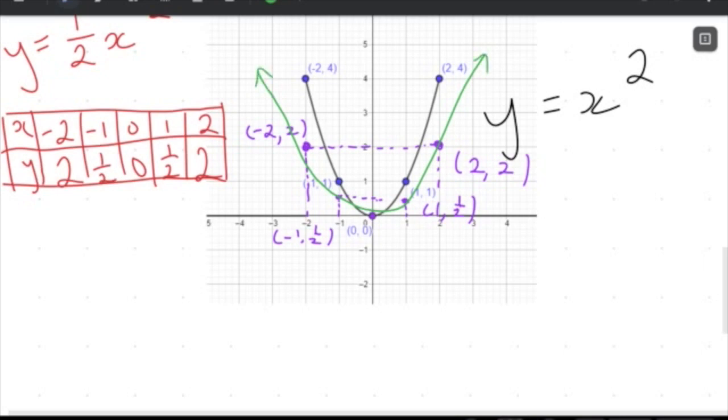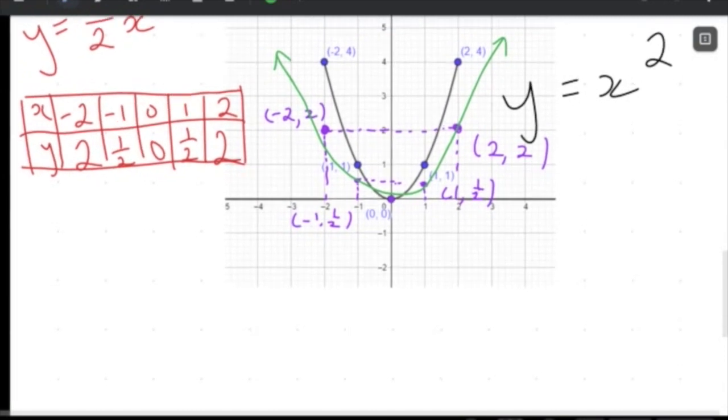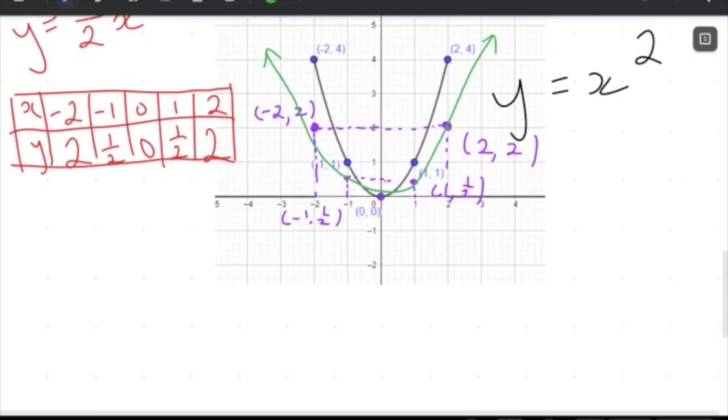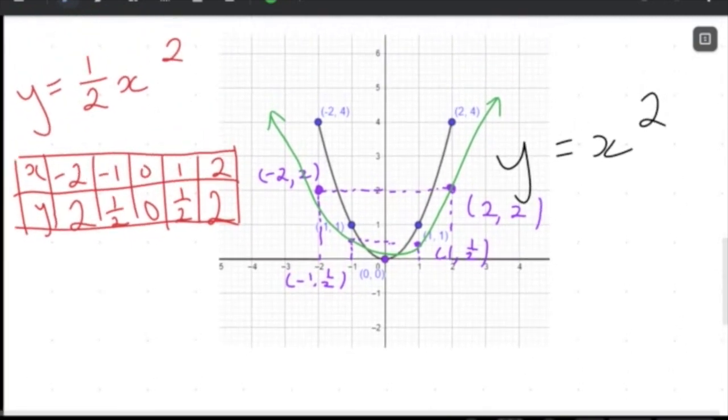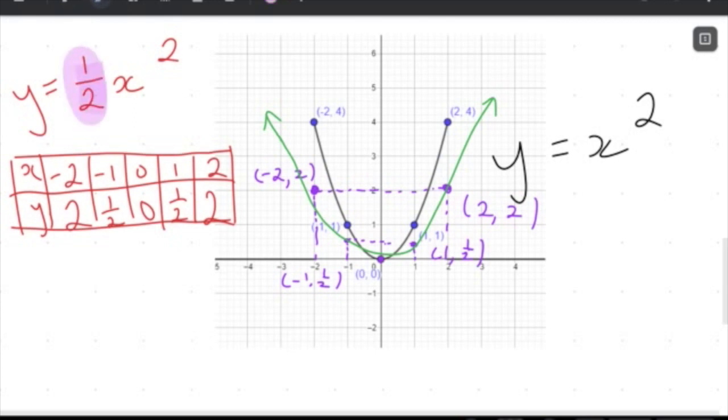Now, I have this dodgy looking parabola here, but you can hopefully see that by having this number that's less than 1 here, as my coefficient gets smaller, I can see now my parabola looks a little bit wider.